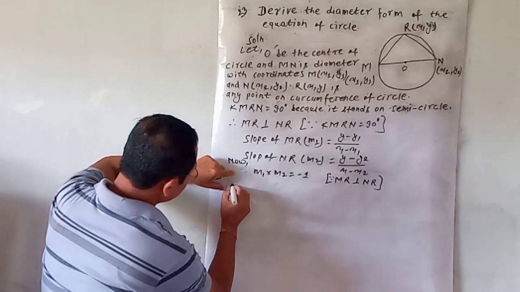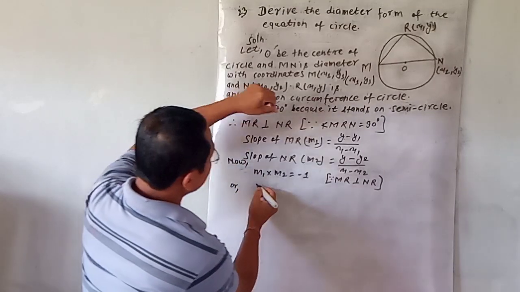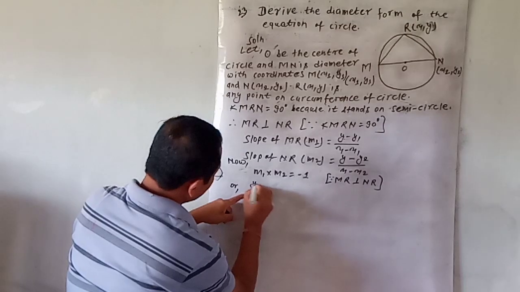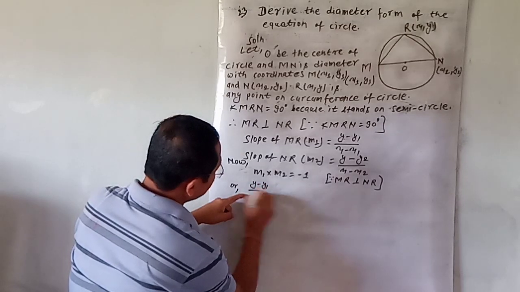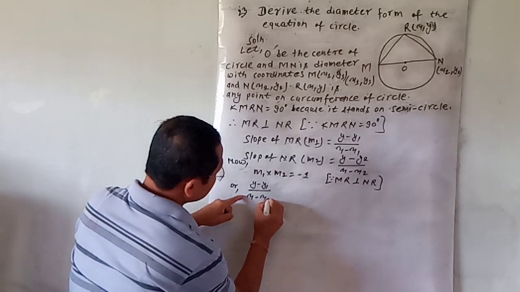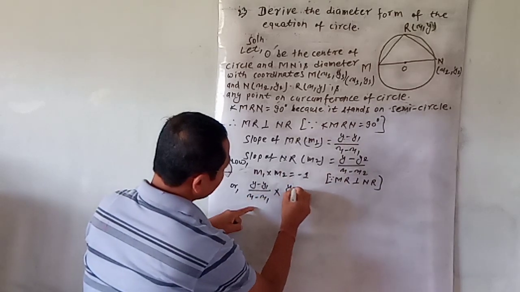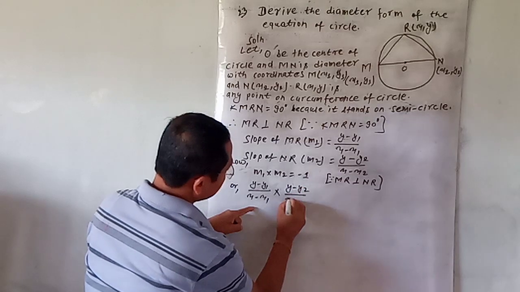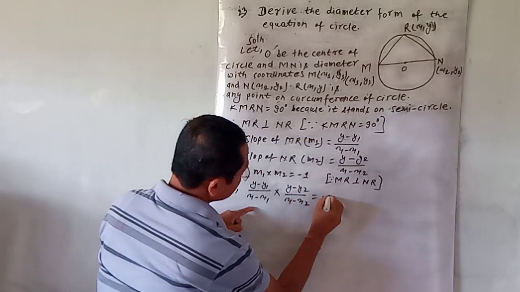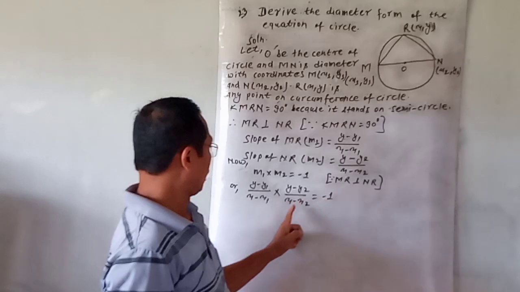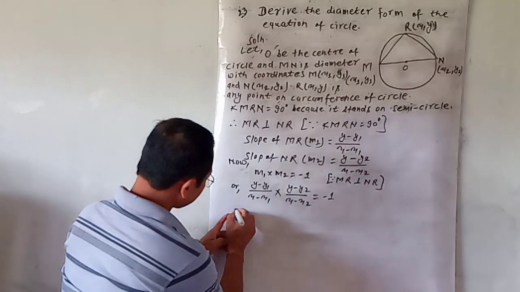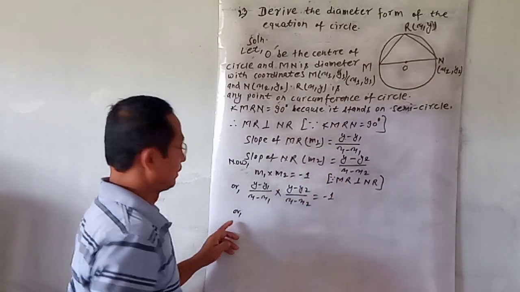Now we put the values of M1 and M2. (y minus y1) by (x minus x1) into (y minus y2) by (x minus x2) is equal to minus 1. Now look at here, cross multiply.